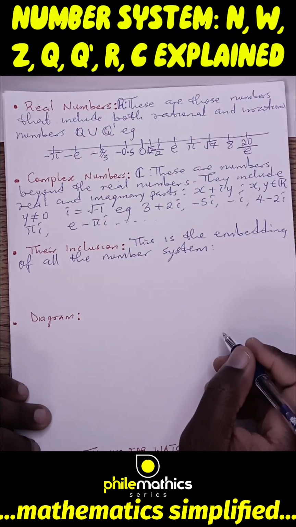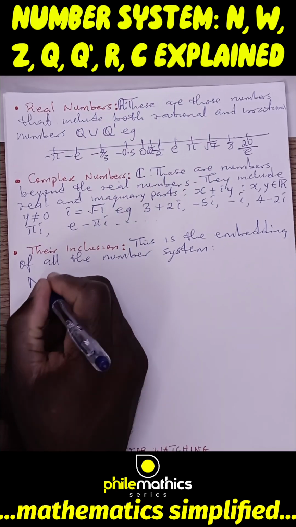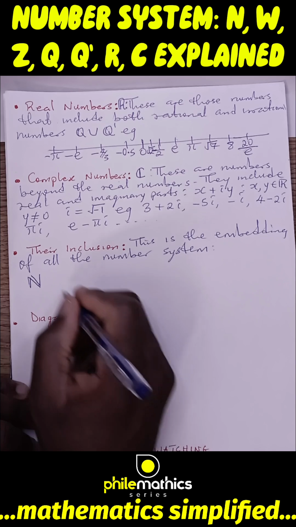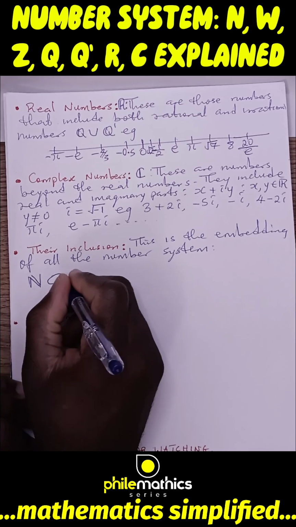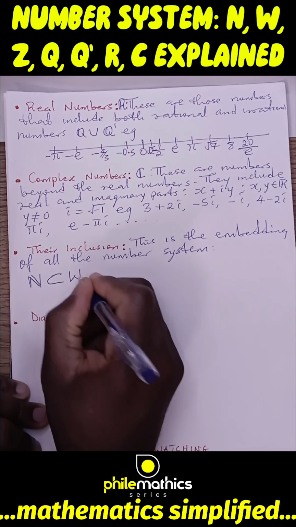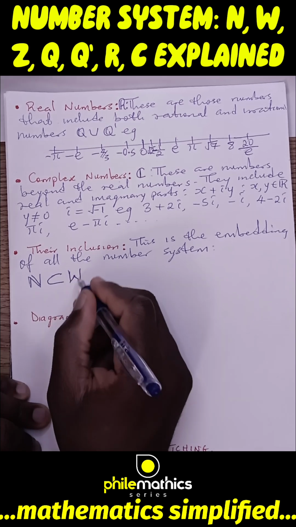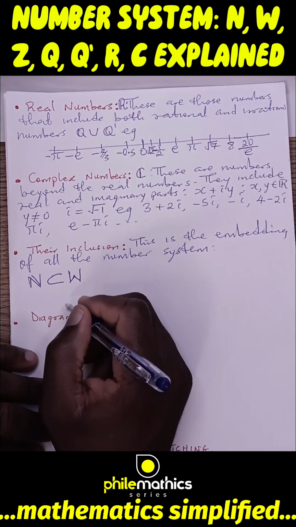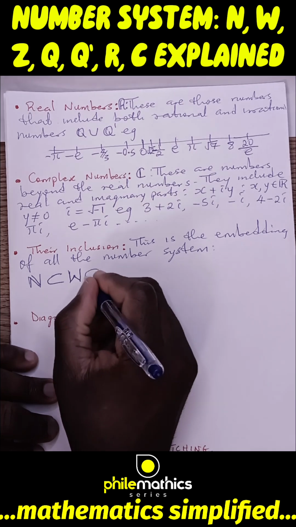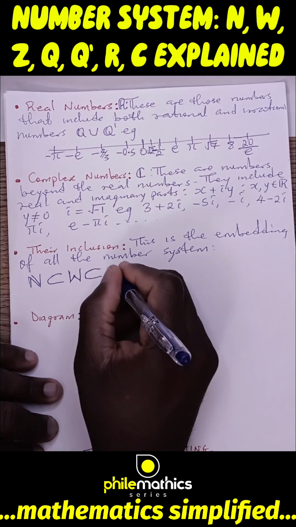So the first one we looked at was the natural numbers. It's a subset of the whole numbers, although the whole numbers don't have a symbol, but we just denote it with W for representation. The whole numbers are a subset of the integers.